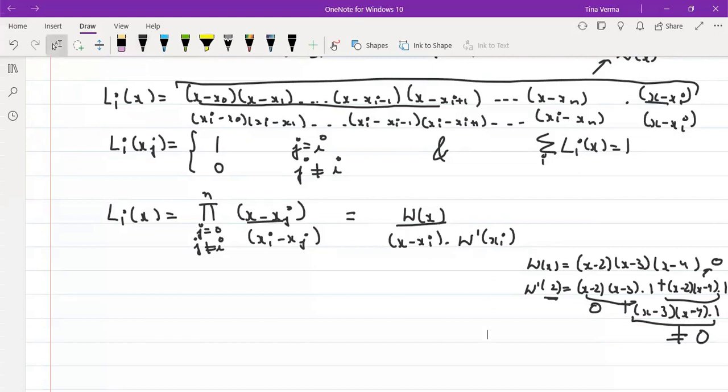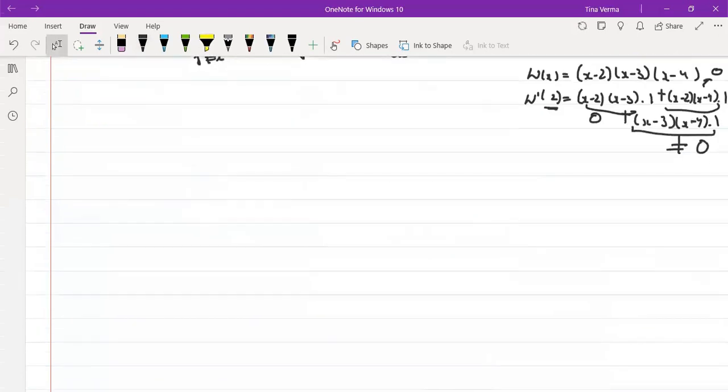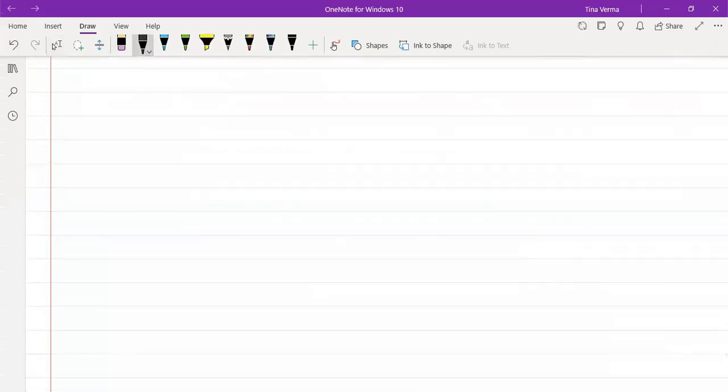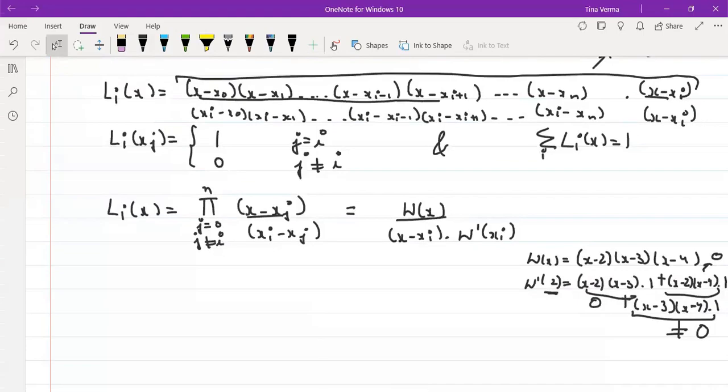So you can see the example. If you have data points given to you as x, y: this is the function, x is 0 and the function's value at 0 is 1. x is 1 and the function's value is 3.